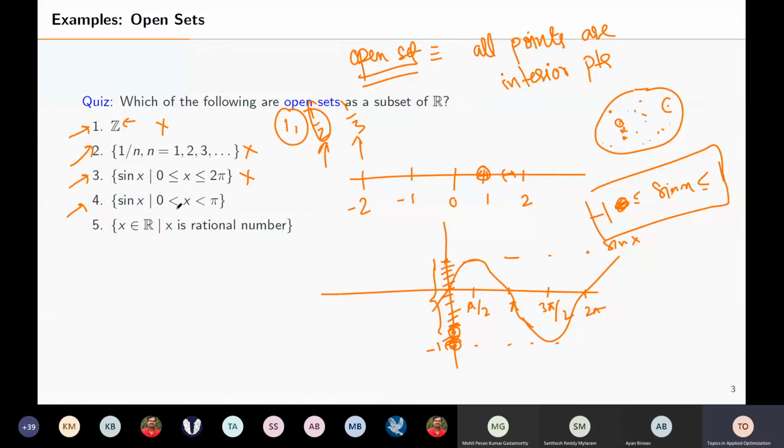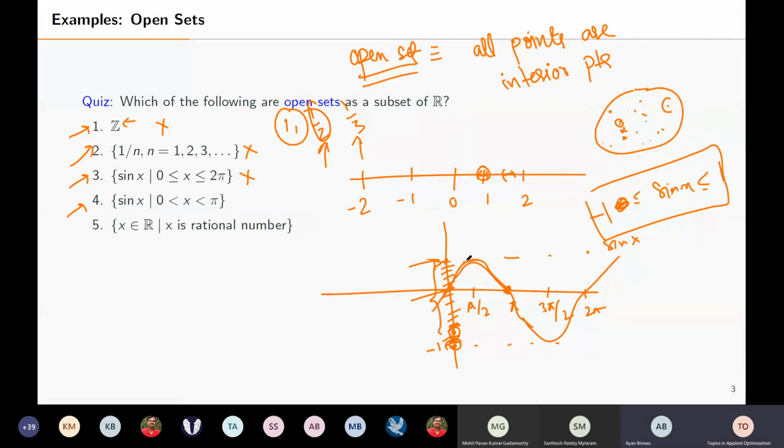The sine is going from 0 to pi, and the values it takes are these. 0 is not in the set, but 1 is inside the set. So 1 is a boundary point, which is not an interior point.